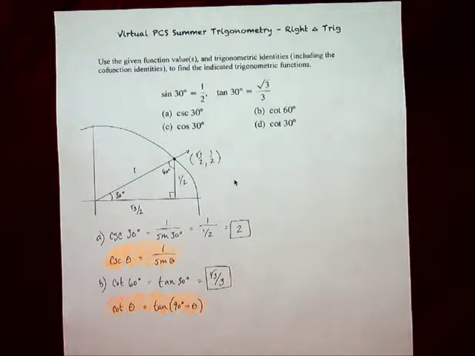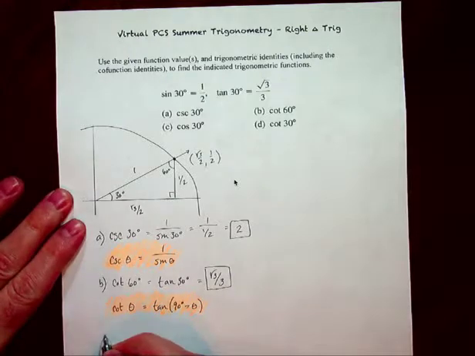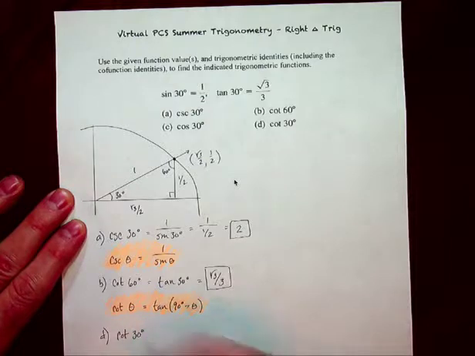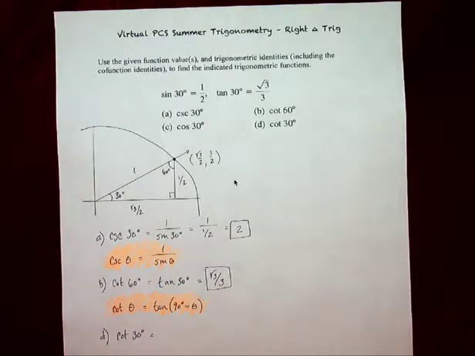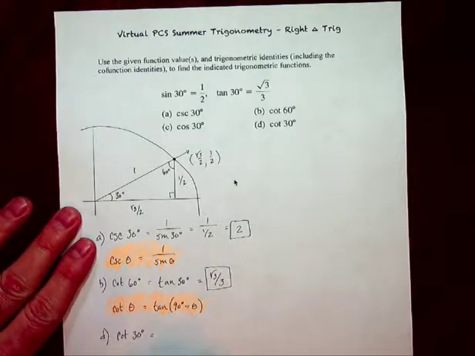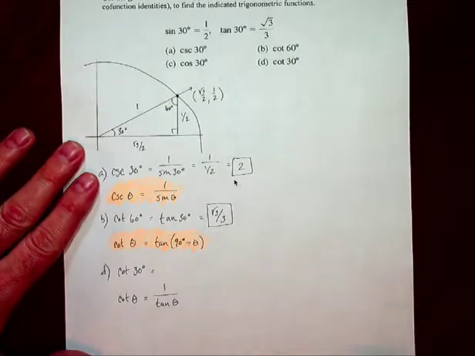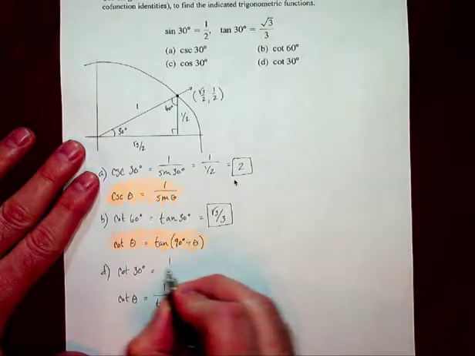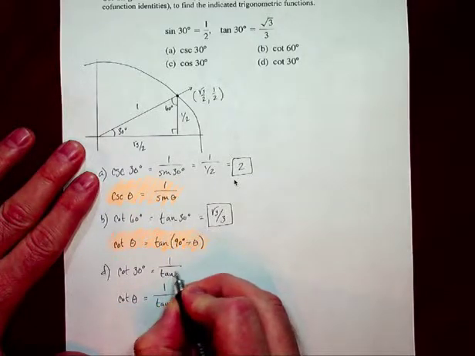Let's go ahead and do part D. Part D is the cotangent of 30 degrees. Well, we know that cotangent of theta is equal to 1 over tangent of theta. That means cotangent of 30 degrees is 1 over tangent of 30 degrees.